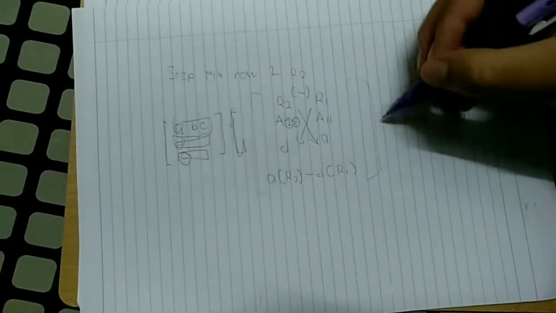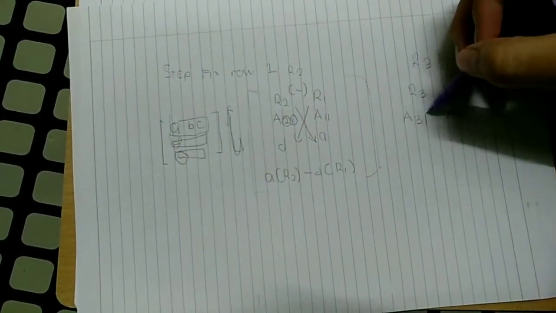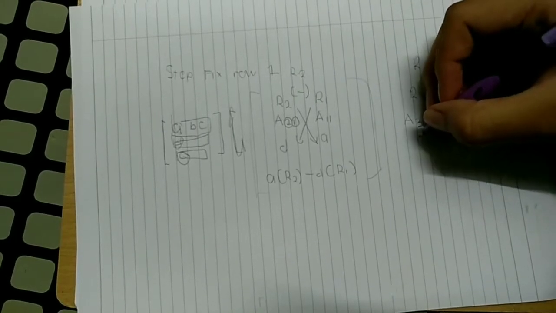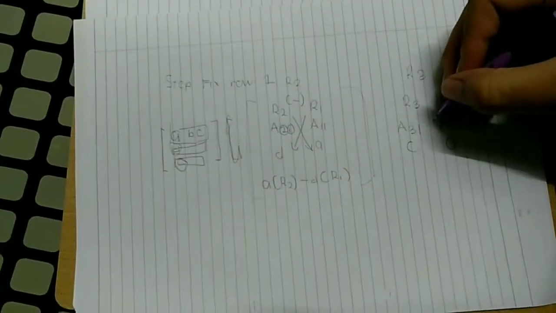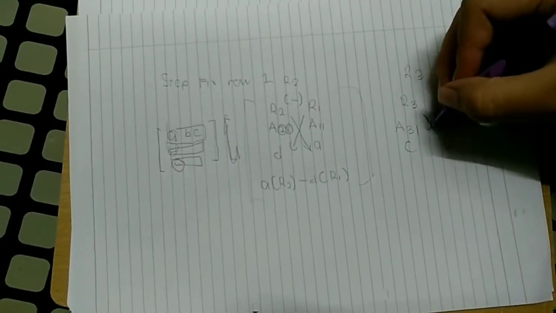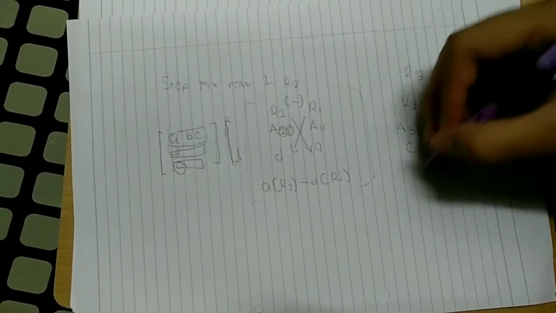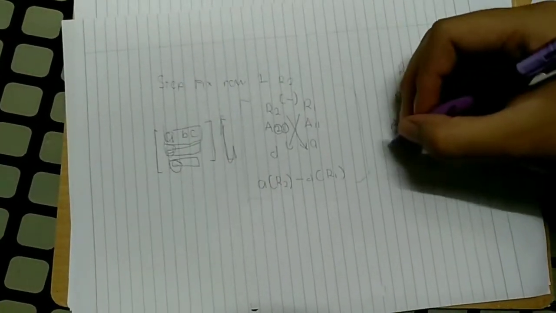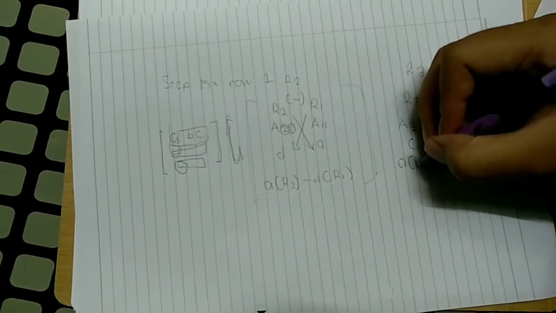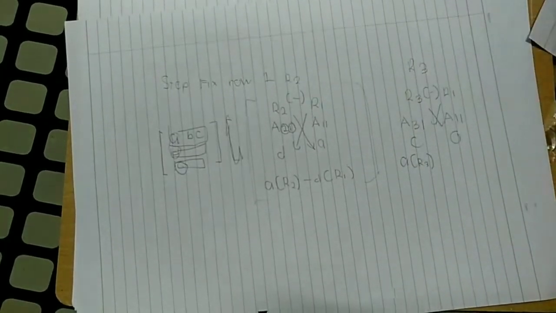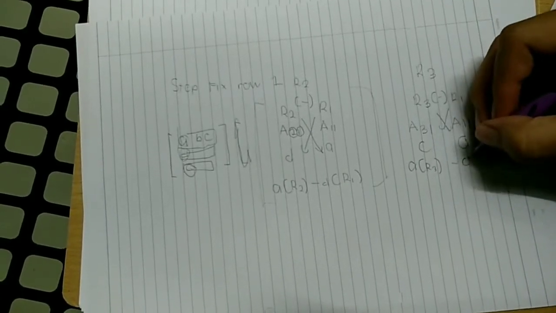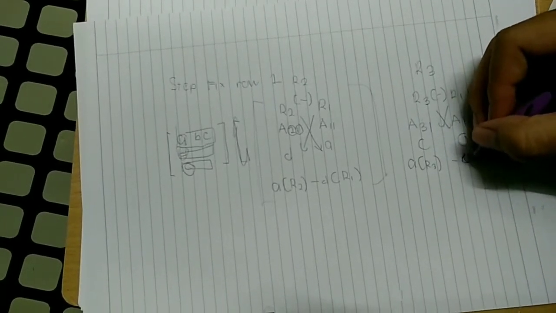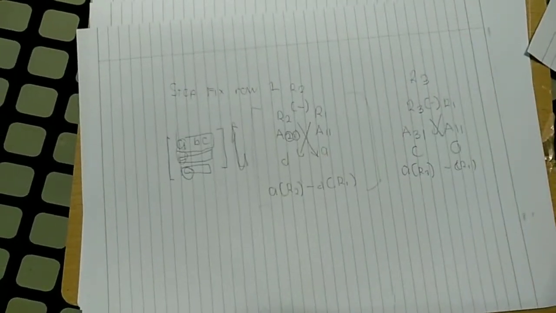That's going to be our element at row 3, column 1, which is C, and here it's going to be the same, A. So it goes the same, just cross multiply it and put a negative. We should get something like A R3 minus C R1.